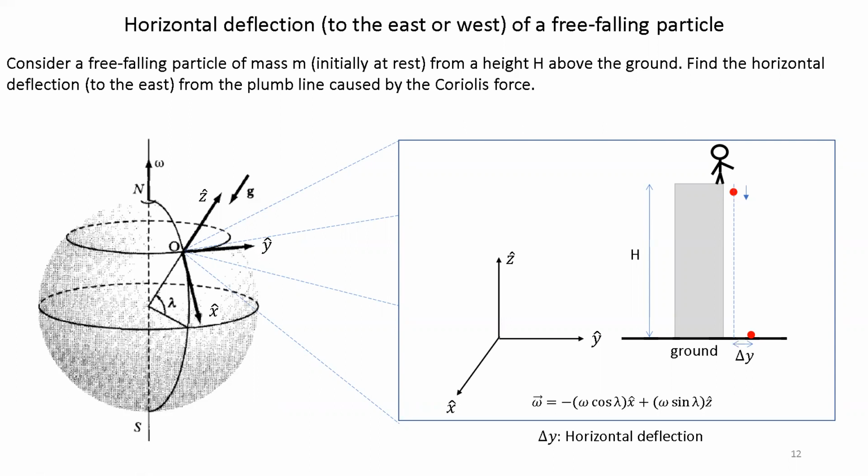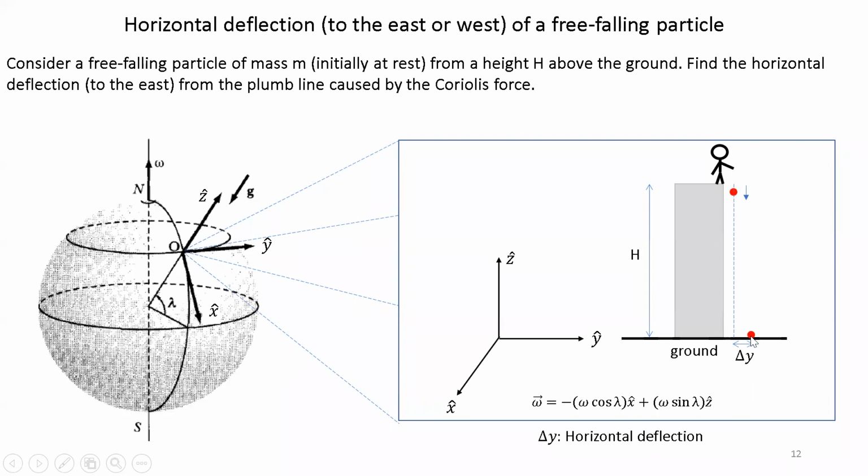However, if we consider the Coriolis force, this ball will be deflected along the way, and at the end it will reach the ground at this point. You can see that there is a distance, this is a delta y.